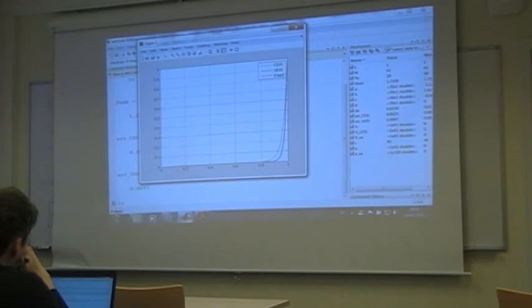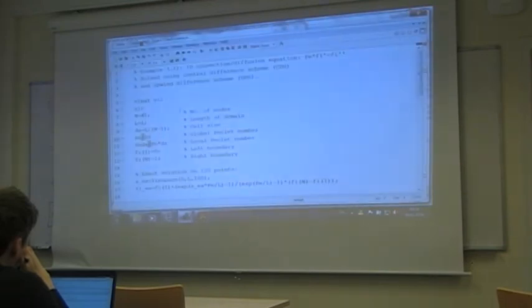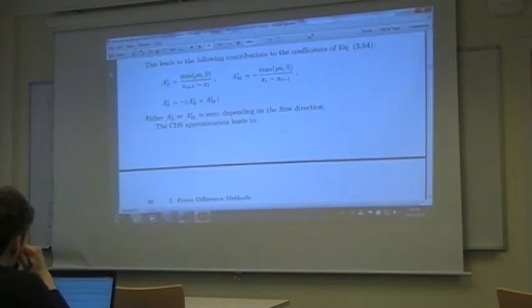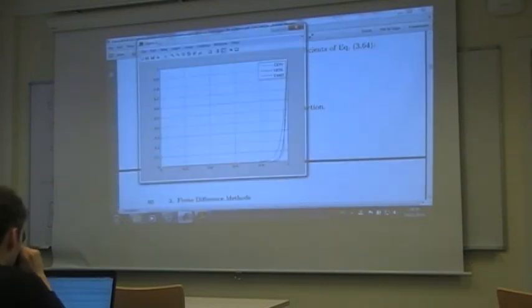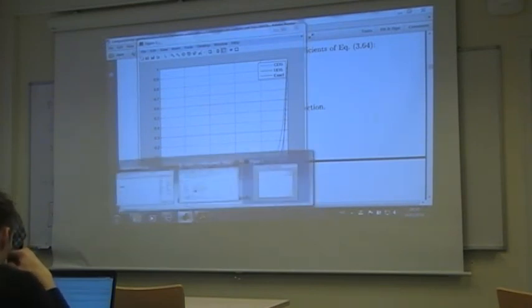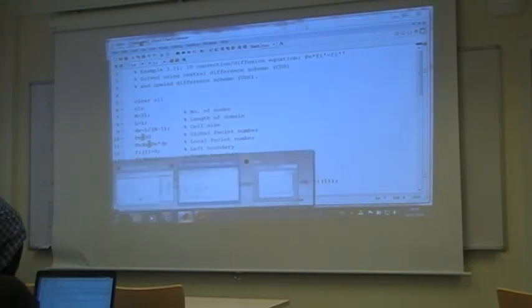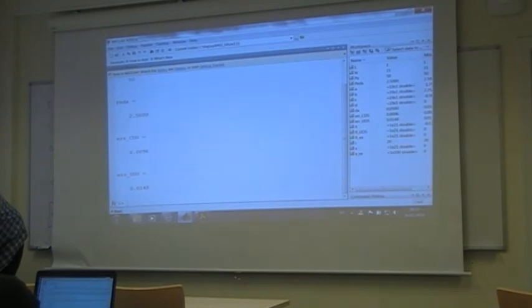Let's try to push it a little bit. 31. Yeah, we are still below 2, so this should still be a nice one. And it is, not so bad. And going to 21, 2.5.